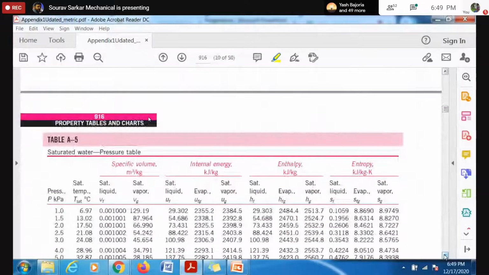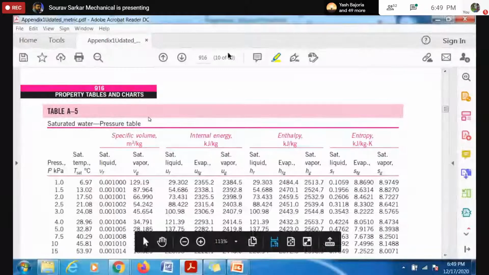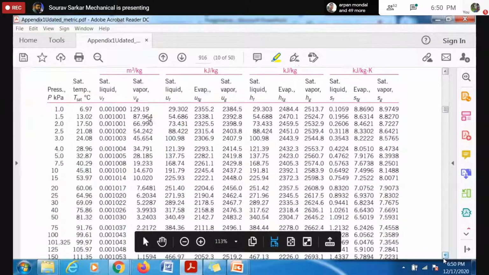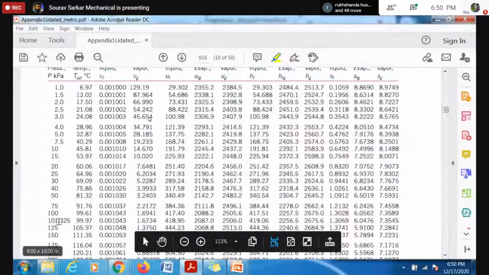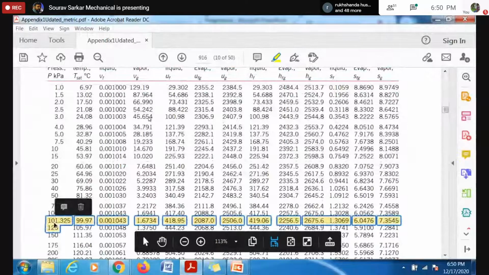If you go further, at page number 10, it is written as the saturated water pressure table, where they have mentioned the pressure in the first column and the corresponding temperature in the second column. Here also you can see that whenever your pressure is 101.325 kPa, your corresponding boiling point is 99.97.